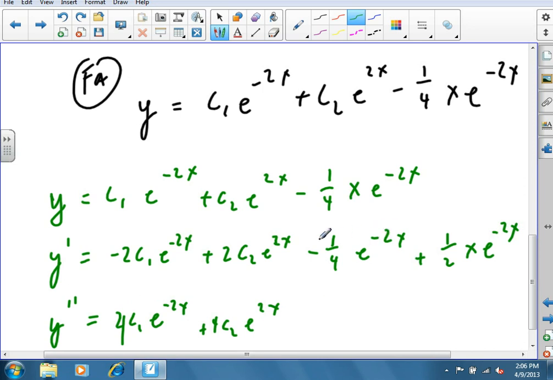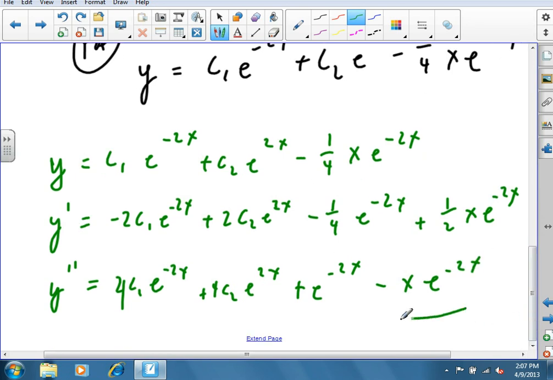This is going to be a half plus a half plus e to the minus 2x. And then I'm going to have this guy, which should be minus x e to the minus 2x. Okay, and when I get done, I want e to the minus 2x.